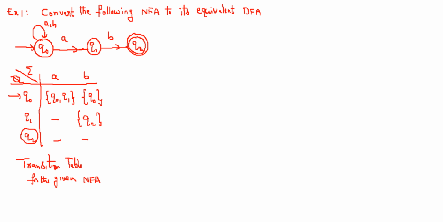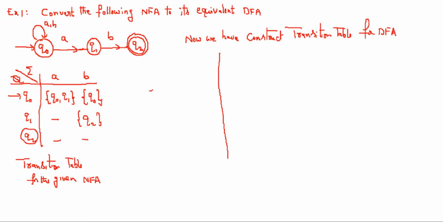So now we have to construct the transition table for DFA. How will you construct it? We don't know how many states will be there in the equivalent DFA. So you have to start your journey with the initial state which you have identified for the DFA.